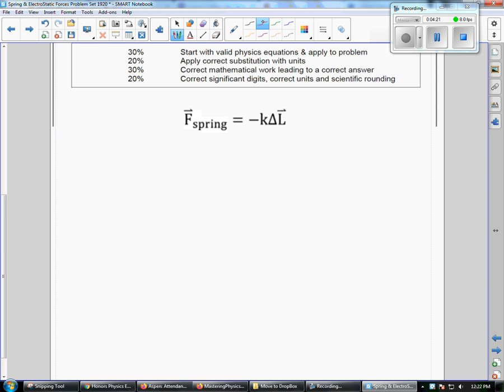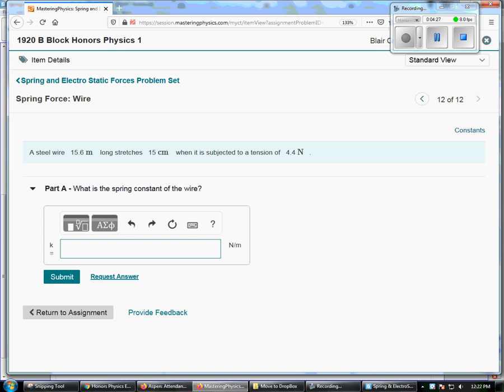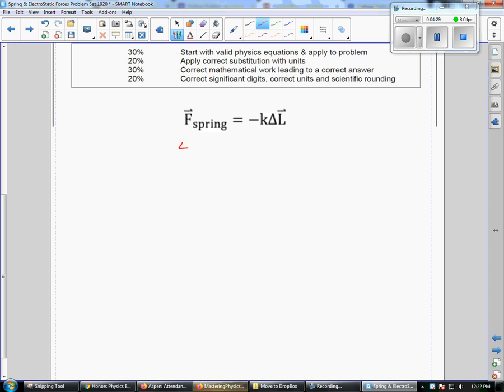So I forget what my numbers were now. 4.4. And I'm dropping the negative, because remember that negative is just indicating that force and that displacement are in opposite directions.